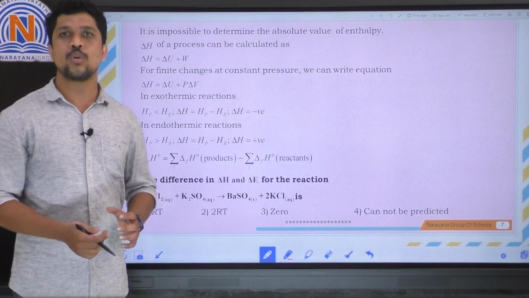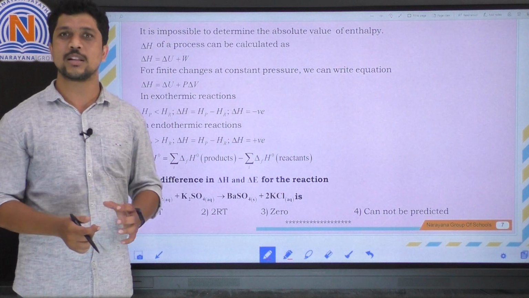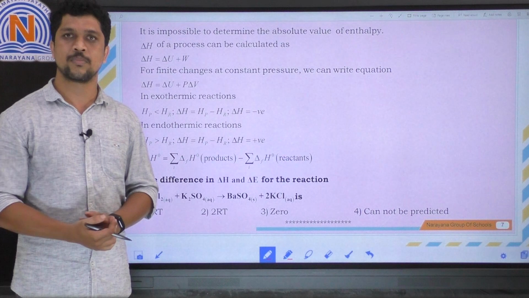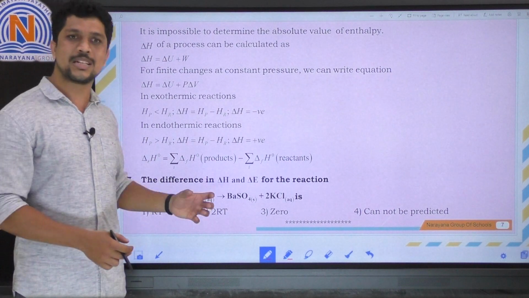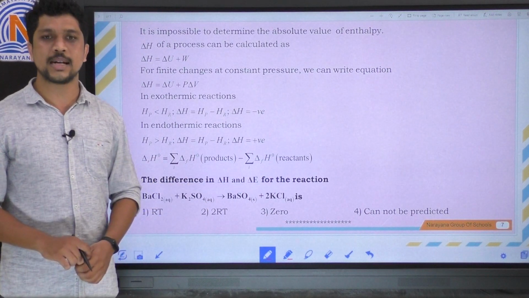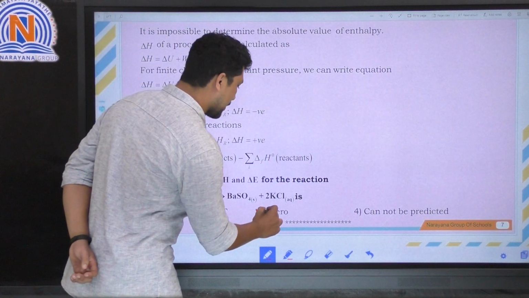We know the difference between delta H and delta E is significant only for gaseous molecules, not liquids and solids, right? Here all the reactants and products are solids and liquids. So the difference between delta H and delta E is 0. So the correct option is the third option.